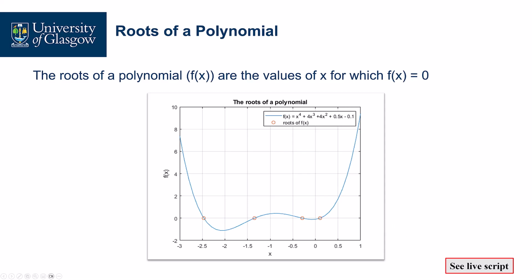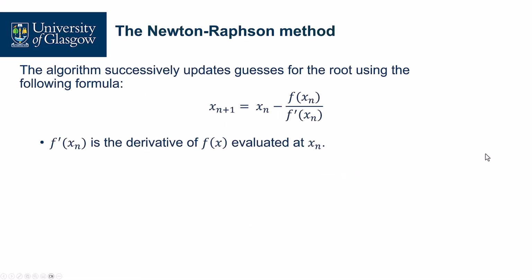So how can the Newton Raphson method find that? The Newton Raphson method follows an iterative process. Each time we consider an x, and this x can be anything, and we follow this formula to generate x(n+1) in the next iteration. So x(n+1) equals xn minus f(xn) divided by the derivative of f at xn.